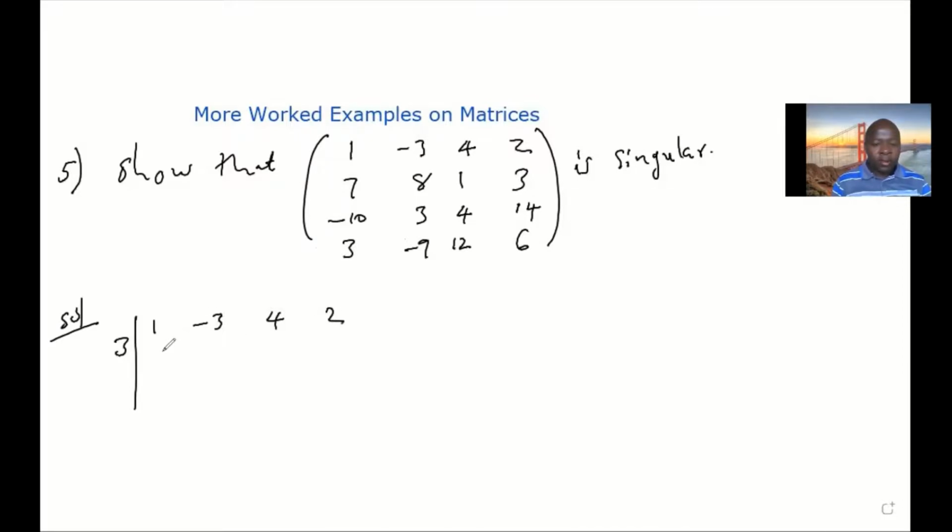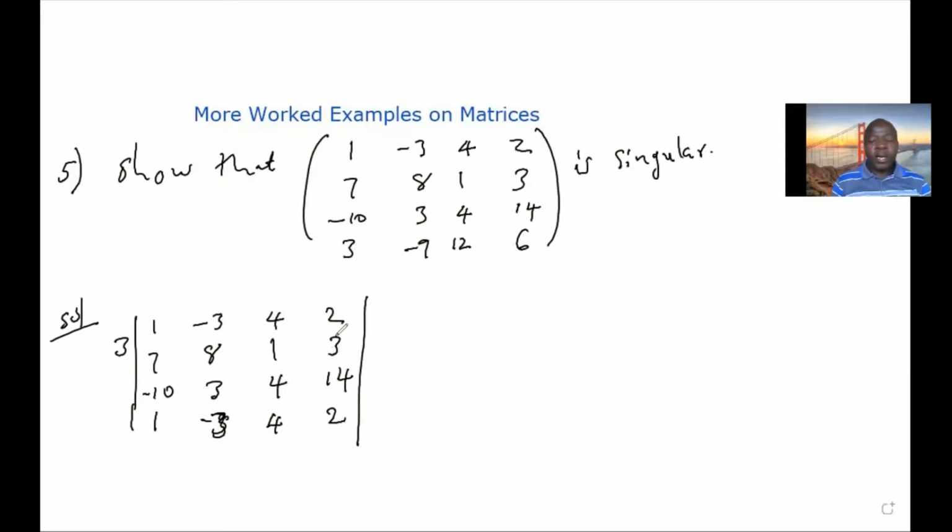Row 2 remains what it is, 7, 8, 1, 3. And this one remains as -10, 3, 4, 14. And this one has a common term which is 3. Let me divide through by 3. I would have 1, -3, 4, 2.